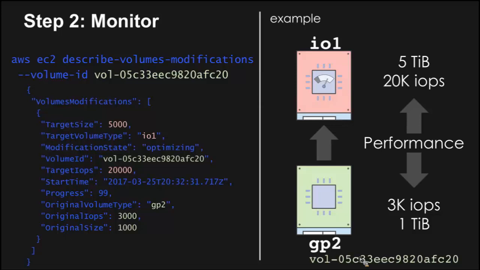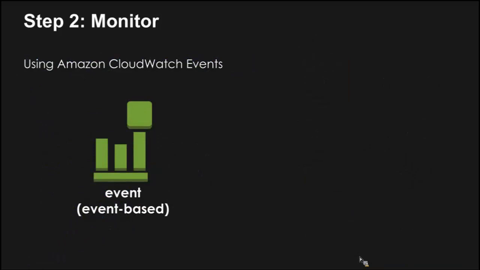So let's go back to our example and see what this would look like. We would pass in the original volume ID of our volume in the describe-volumes-modifications command. And the results would look something like this. We would see the original volume characteristics, that it was a GP2 with 3,000 IOPS and the original size.